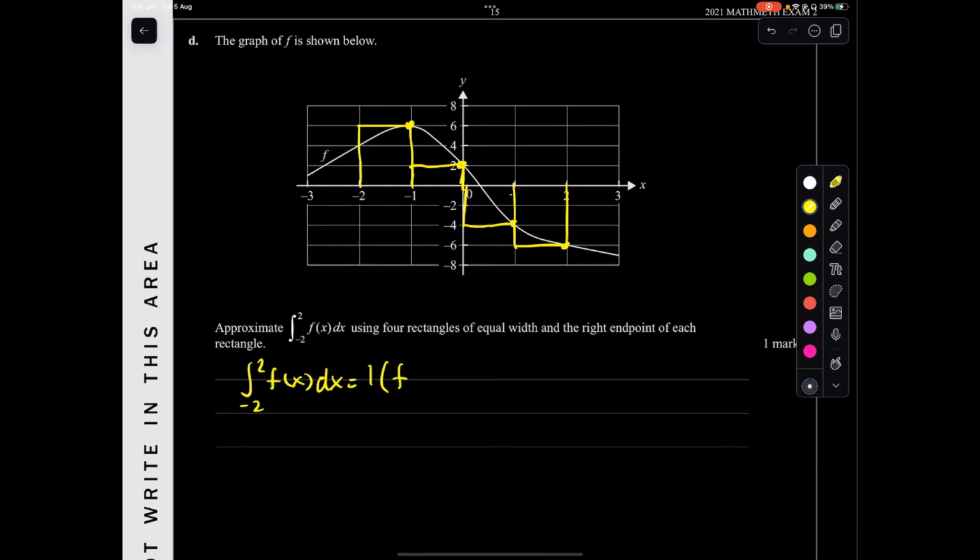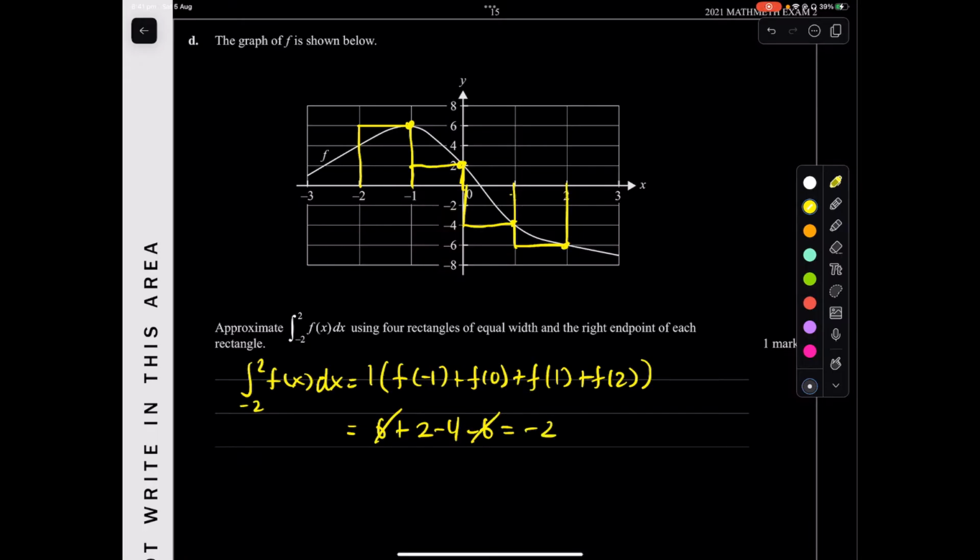You start off from -1 plus 0 plus 1 plus f of 2. What's f of -1? f of -1 is 6 plus 2 plus -4, so just -4 and -6. These cancel out. 2 minus 4 is -2 units squared. That is your answer.